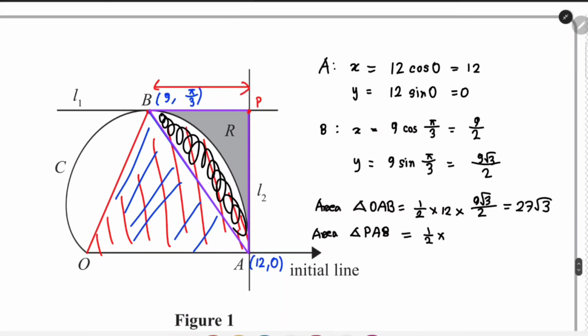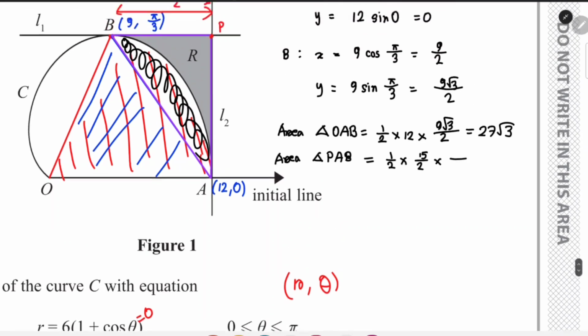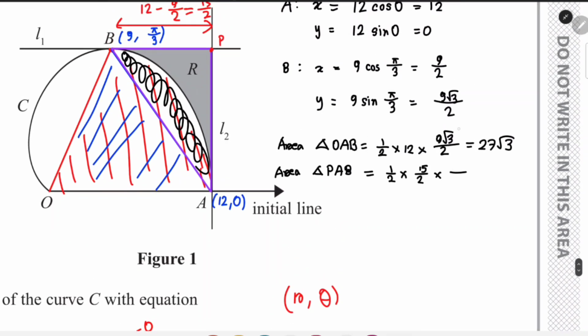This is the difference of the x coordinate of A and B. So 12 minus 9 by 2, which is equal to 15 over 2. So half into 15 over 2 into height. Height is the y coordinate of B again. So 9 root 3 by 2. This comes out to be 135 by 8 times root 3.